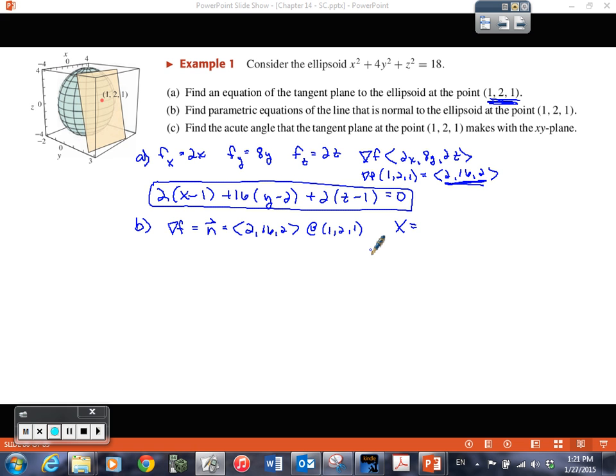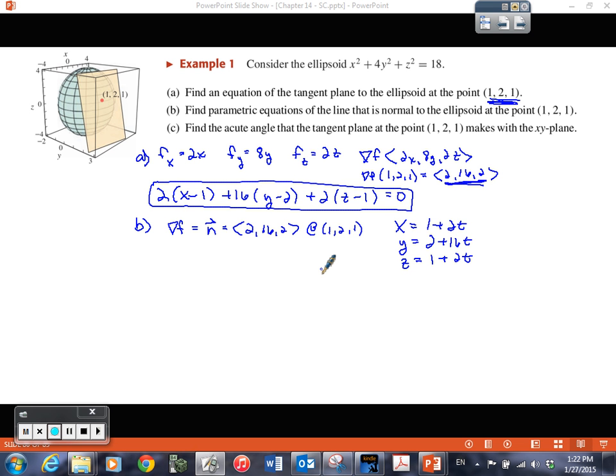So we would do 1 plus 2t as the x equation for our parametric equation, and then y equals 2 plus 16t, and then z equals 1 plus 2t. We get these numbers from the point and these slopes from our gradient vector, our normal vector.